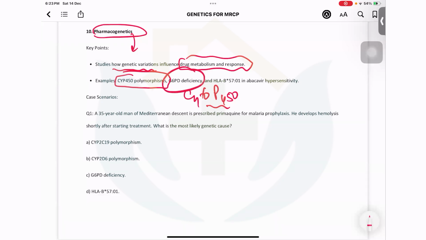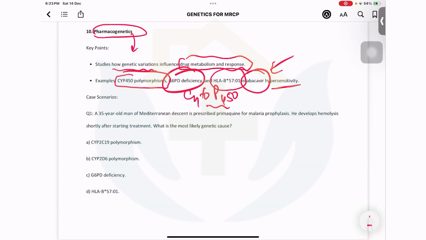Then G6PD deficiency, and HLA-B5701 with a specific HIV drug, Abacavir, which leads to a hypersensitivity response. These are examples, and usually MCQs come from these only.